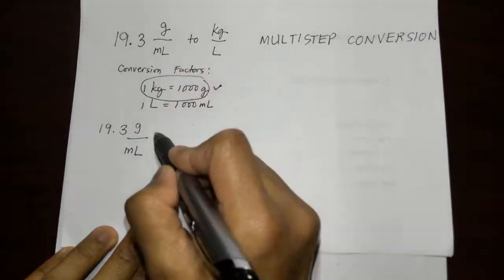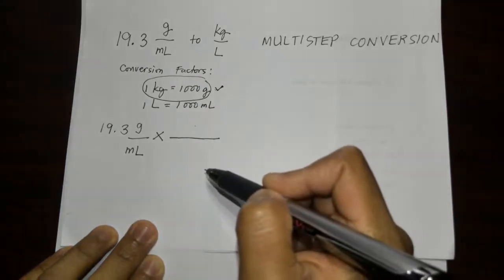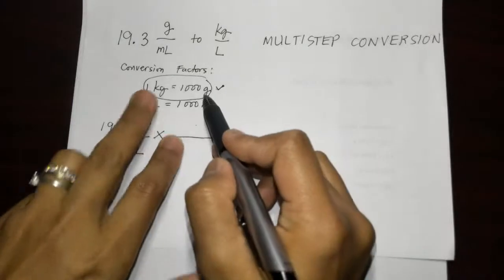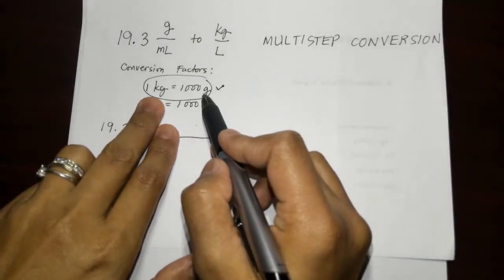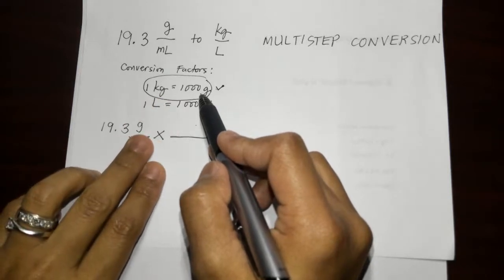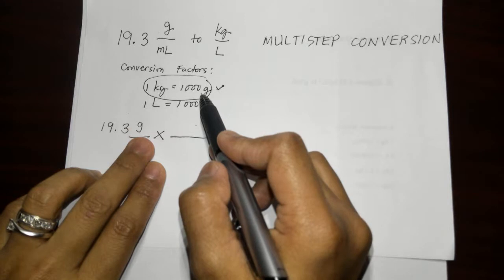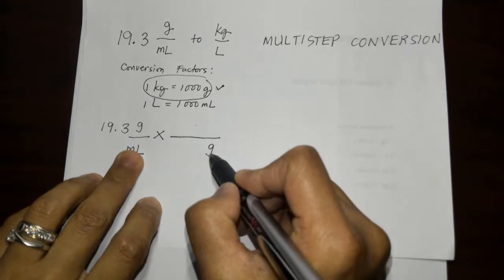So that will be times, you put that line there, and then we're going to decide, based on this conversion factor, where will I put my g and kg? Let me go back to my given. My given has the g on top. To cancel out that g on top, I have to have a g at the bottom.